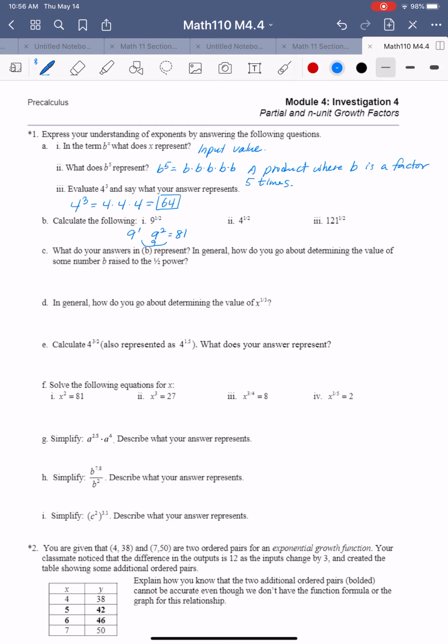But you just need to go half of the way. Let me put it this way. So it's 9 to the 0 power, which is 1, and then 9 to the first power, which is 9. But we are looking for 9 to the 0.5. It's in between, right? It's in between.